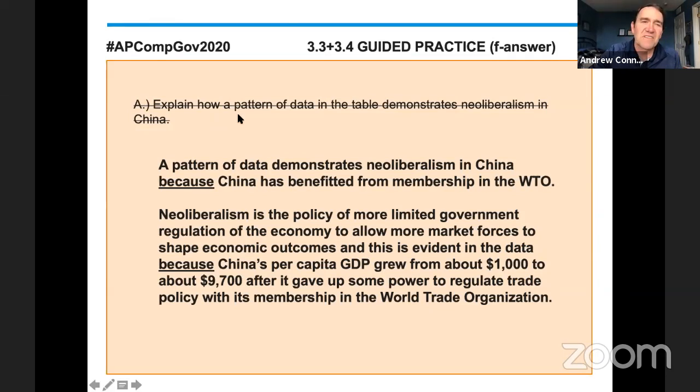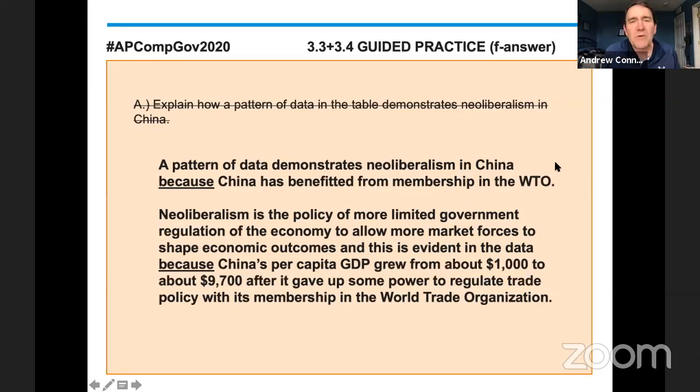I like to repeat the vocabulary of the prompt. Whenever I see an explain how or an explain why, I really encourage you to use a causal word to demonstrate causation. So this is not wrong. I mean, the pattern in the data showed neoliberalism because China has benefited from membership in the WTO.